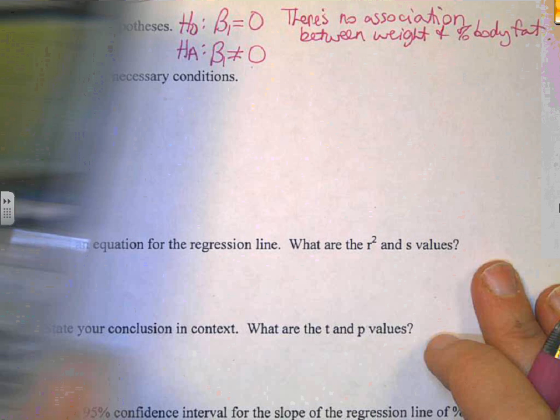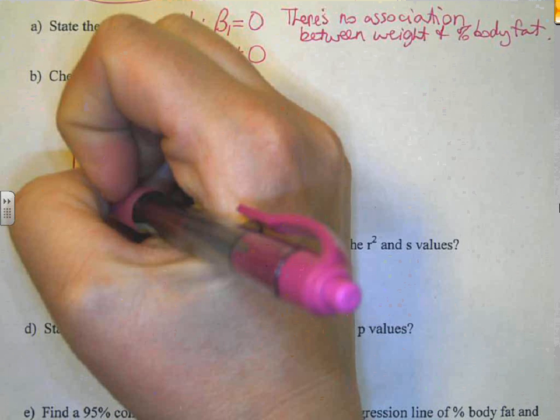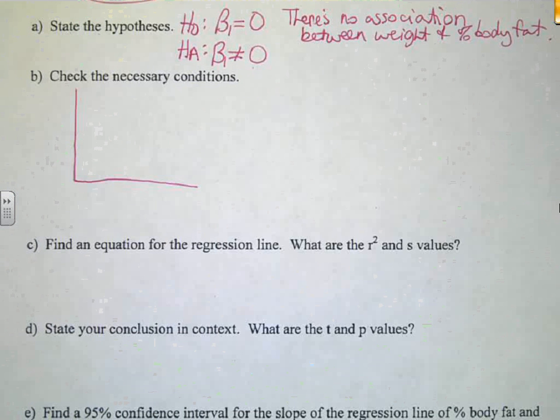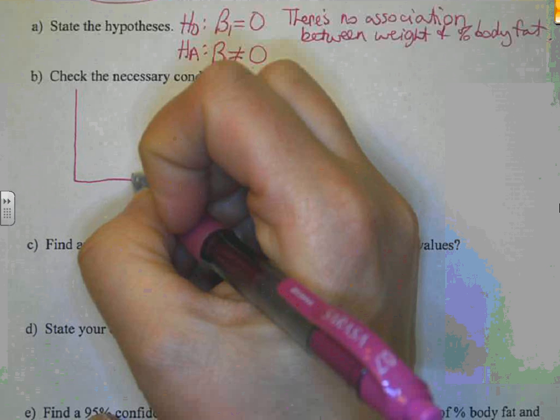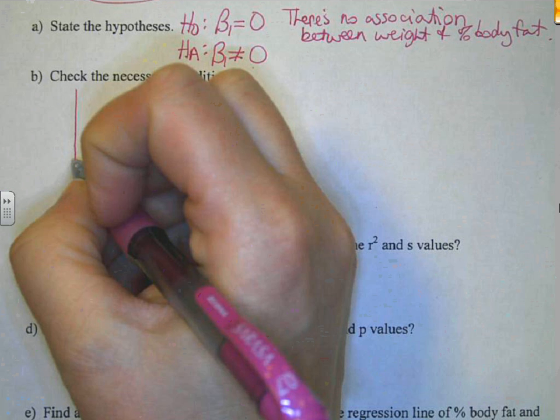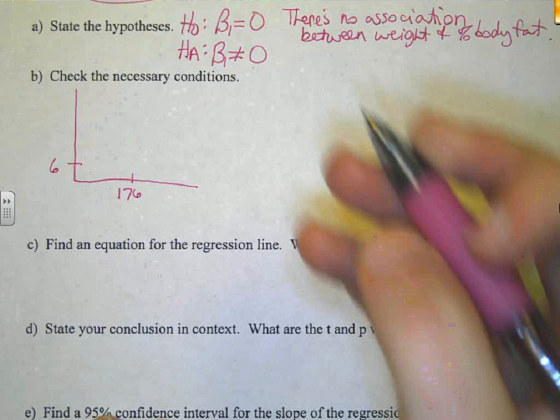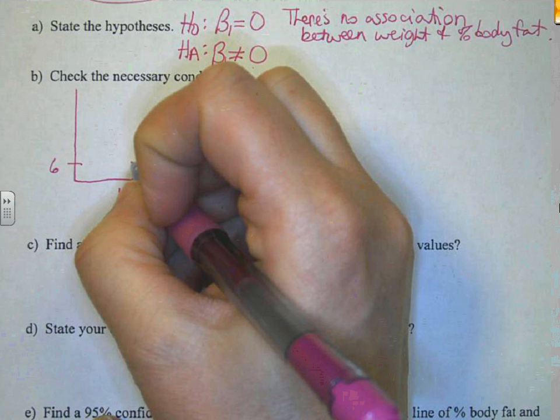Okay, so we're going to sketch that. It is a sketch. It doesn't have to be perfect, but include some scale. Just hit trace and whatever point comes up. Yours may not be the same as mine. That's the first one. I guess it's the first person.